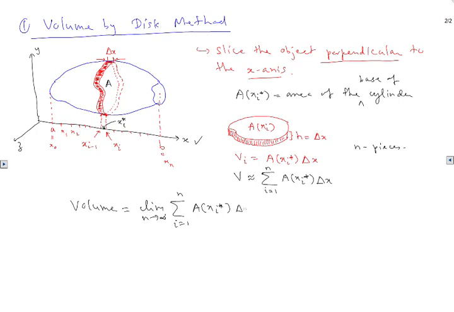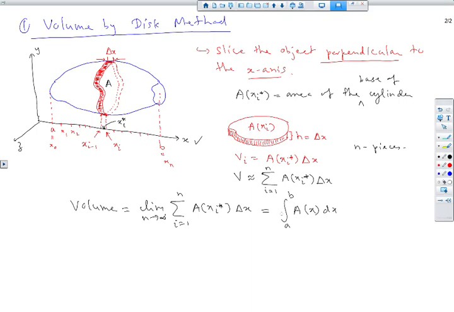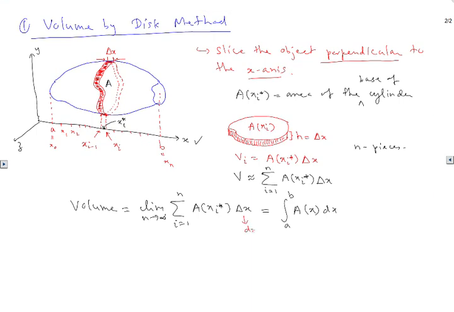Now we know that this is simply the integral, going from the a value to the b value, of A(x) delta x. So delta x becomes dx, and this part we normally write just as A(x) without the star. That's the formula.